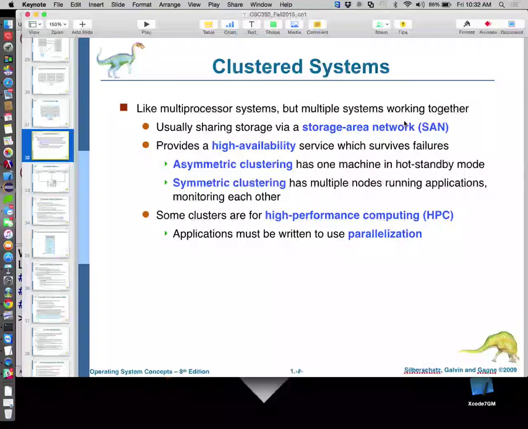But now we have another level that goes above that, called a storage area network, or SAN, where it's a collection of hard drives, essentially, instead of computers. And the idea is this gives you cloud storage.